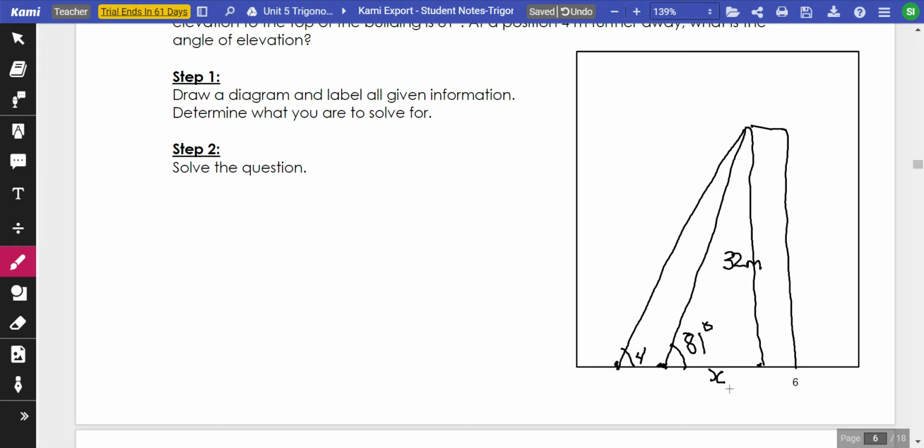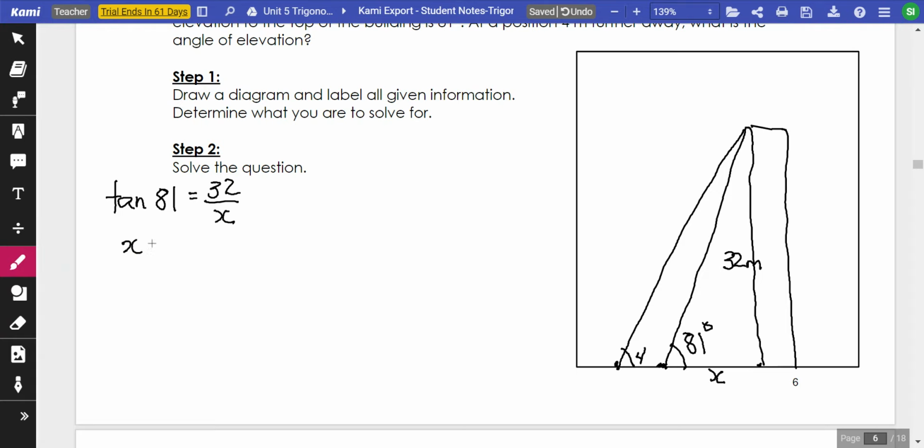Let's find that. So from the reference angle of 81, I know the opposite side and I'm looking for the adjacent side. So that's a tangent function. Tangent of 81 equals opposite 32 over the adjacent x. Now remember, because the unknown is in the denominator, this is a divide question.